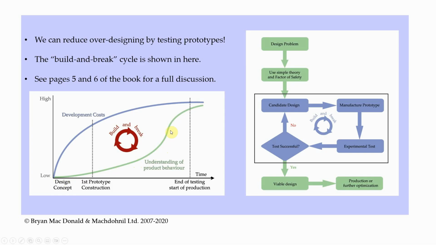You need to understand that that's an area that needs to be beefed up more. So it's only towards the end of the testing cycle that you know an awful lot about the product and how it behaves. So there's a big gap here between development costs and the understanding of the product behavior. And that's the key point when we're doing the build and break cycle: costs are high early on, and knowledge of the product behavior is low until later in the process.